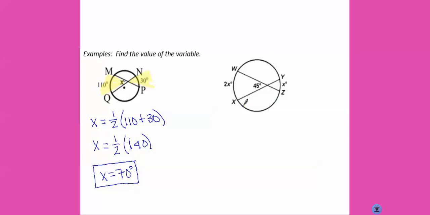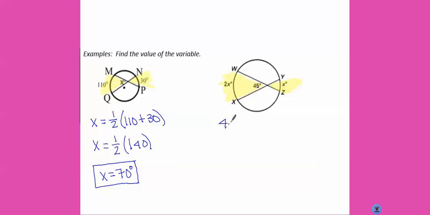In our next example, this time the X isn't the angle, it's part of the arcs. So let's look at the arcs it intersects. It intersects arc WX and arc YZ.